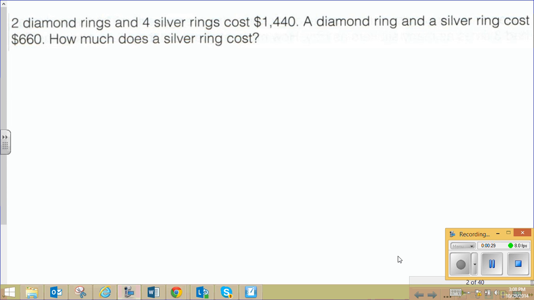So when we look at this problem, the first thing we want to do is pull out the information that they give us. We know the total cost of two diamond rings and four silver rings. So our bar is going to represent that total cost.